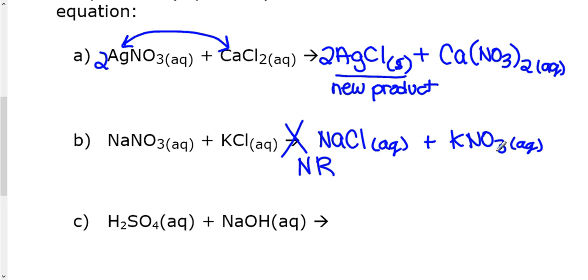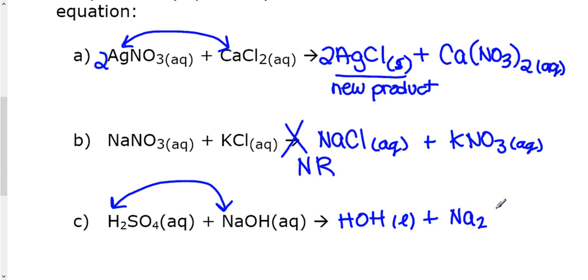Last example. Here, when we have a look, this is sulfuric acid and this is sodium hydroxide. So this is a case of double displacement, but it's specifically acids and bases. So when the two switch places, we get hydrogen and hydroxide. That's our water. Water is a liquid. And now we have sodium and sulfate.